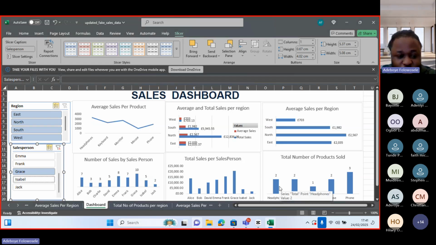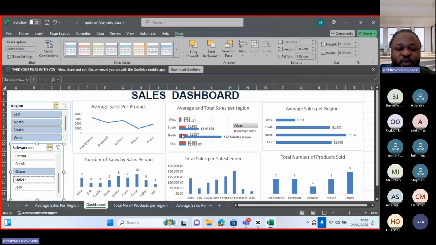I don't know whether it's he or she. I think female bears Grace more, but it's fake data, so it's not real data. So she sold 2 headphones, 2 keyboards, 1 mouse, 1 monitor, 2 mouse, and 3 phones.